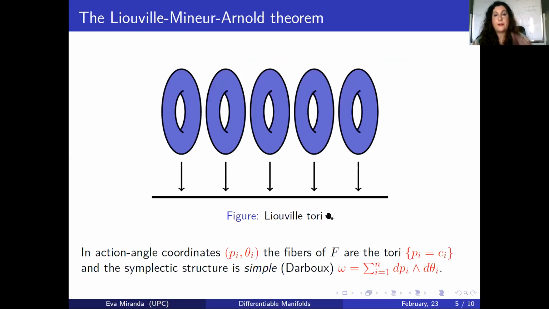That's the picture of the Liouville torus, which I can think of as a fibration. So this first torus is F1, ..., Fn equals a constant. And the second one is F1, ..., Fn equals another constant. So I can imagine this as a fibration of a torus over a base.